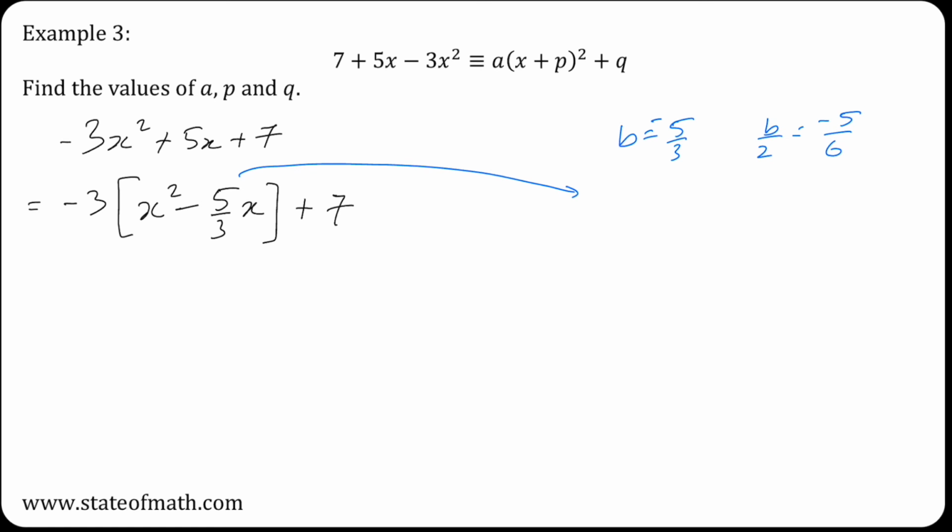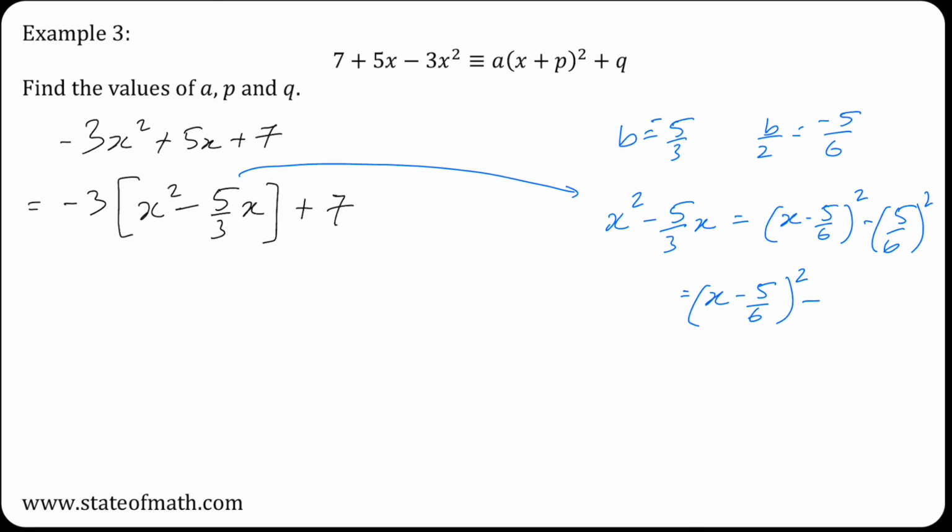So completing the square gives me x squared minus 5 over 3x equals x minus 5 over 6 squared minus 5 over 6 squared. Let's simplify this. x minus 5 over 6 squared minus 25 over 36.